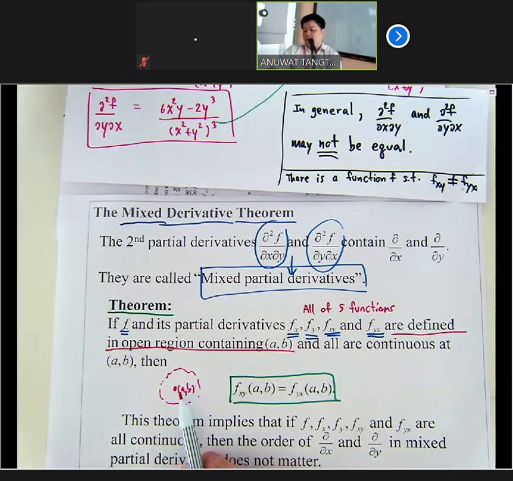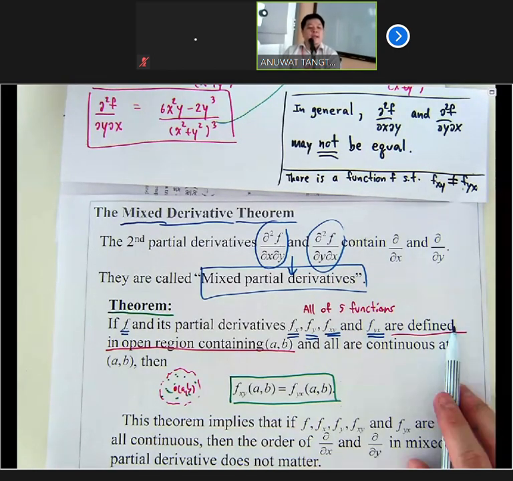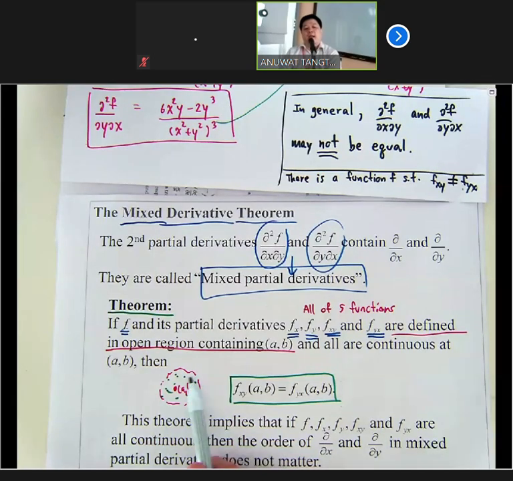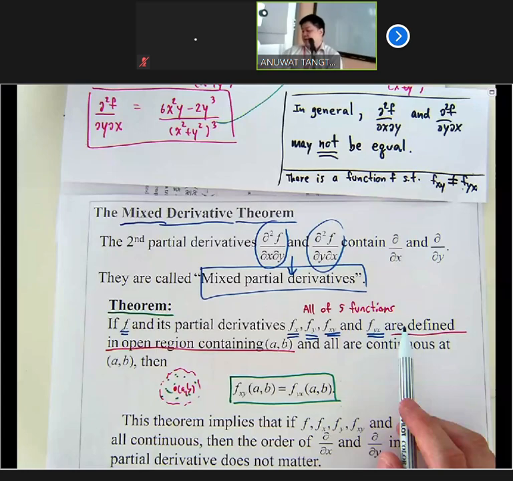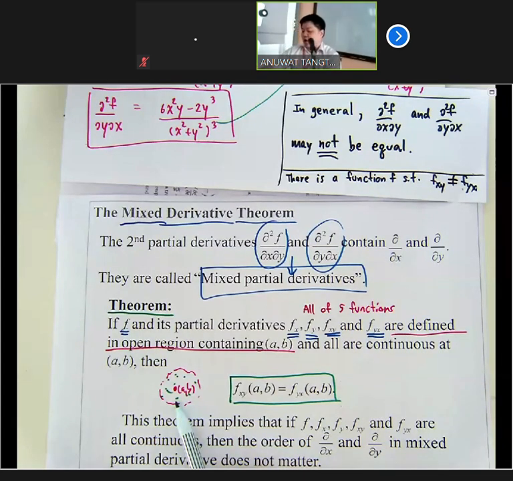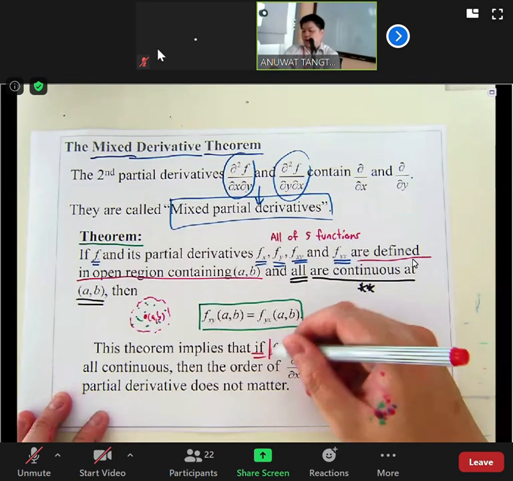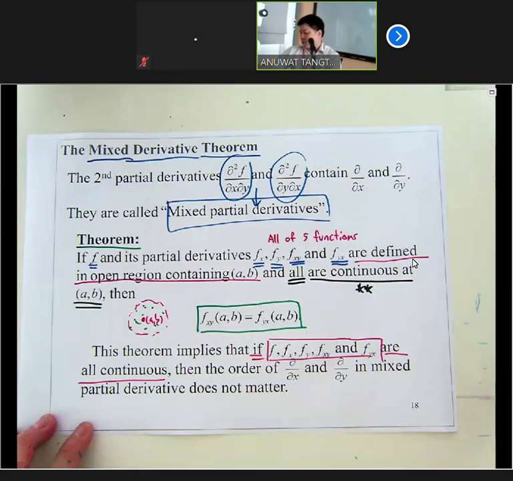And if for all points (x, y) in this small region, the function is defined, the partial derivatives exist in this open region, and this is important, and if they are all continuous, then the order is unimportant.